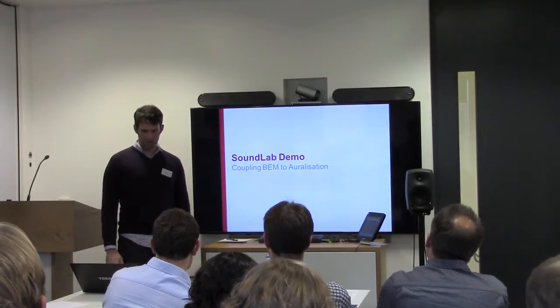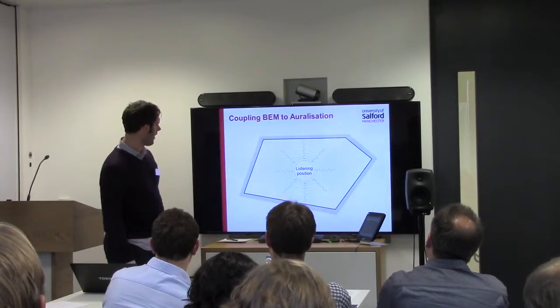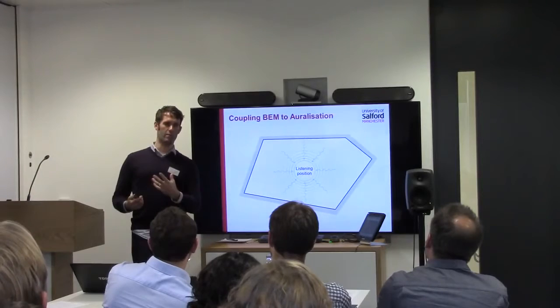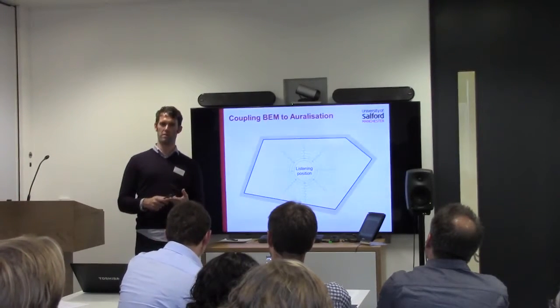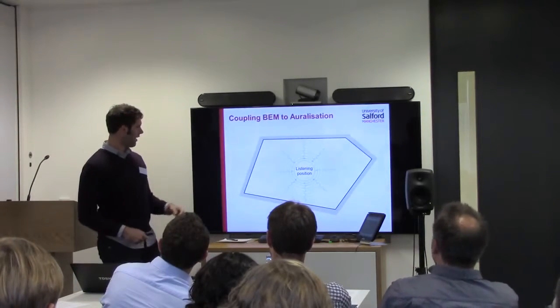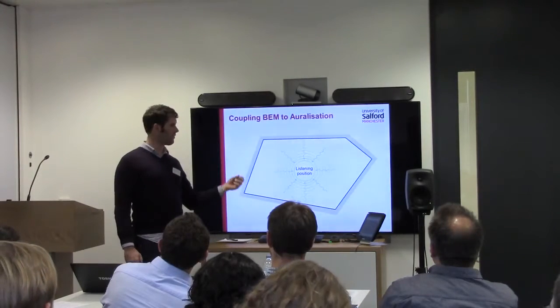So that wraps that up. I'm just going to say really quickly what my Sound Lab demo is. A lot of people here have done work coupling FDTD or FEM to geometric methods at high frequencies, stitching these auralizations together. I've done one with BEM. In particular, what's different about it, what's new.